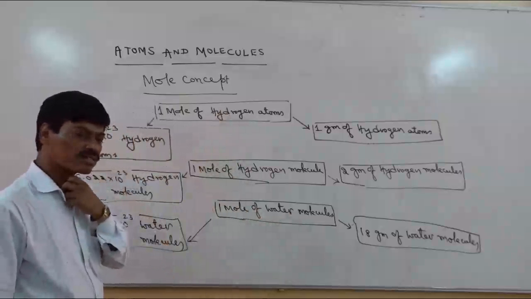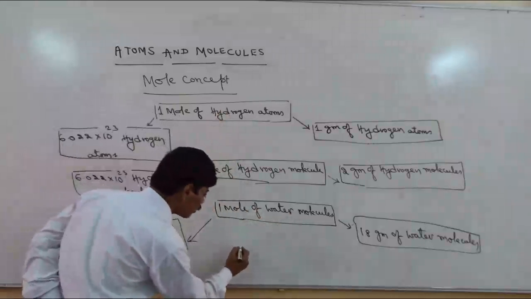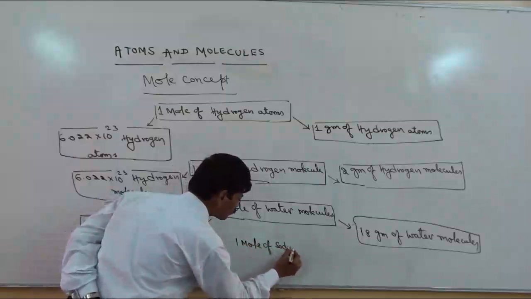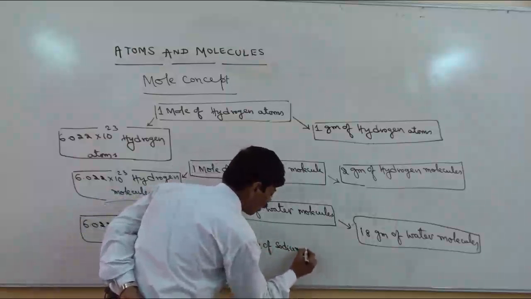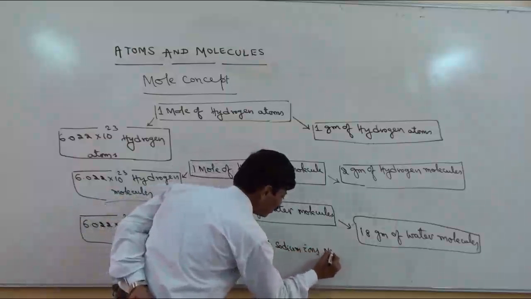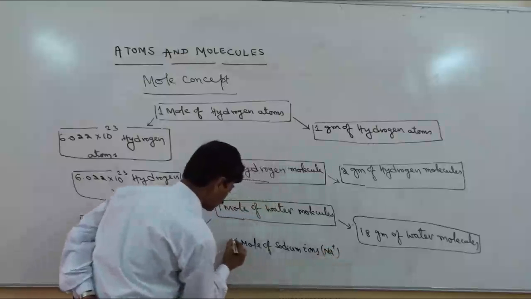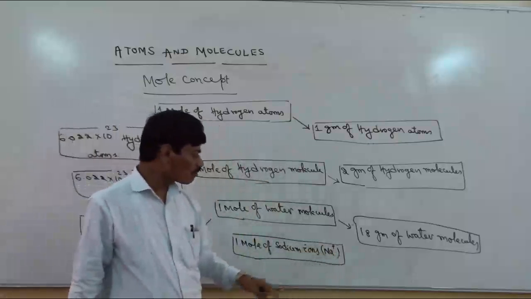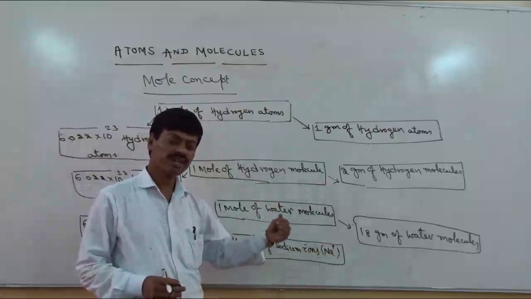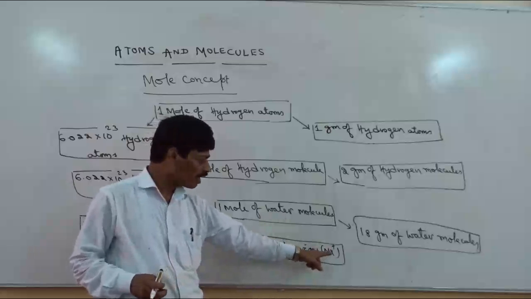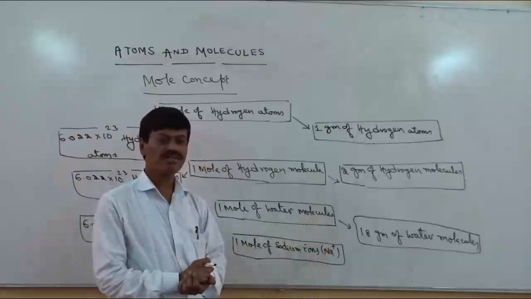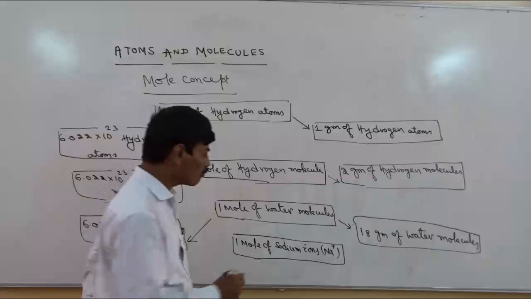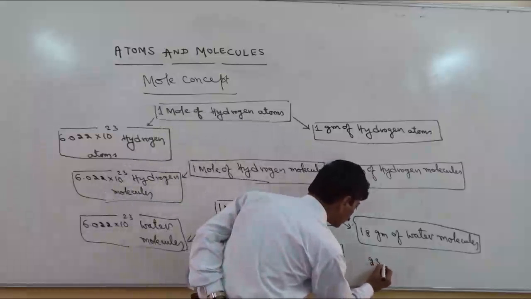Now we will move to the last example, that is an ionic substance. So 1 mole of sodium ions, its symbol is Na+, right? The mass of a sodium atom is equal to the sodium cation's mass, even though it is short of an electron. The mass of an electron is negligible, so we can ignore it. So 1 mole of sodium ions weighs 23 grams.